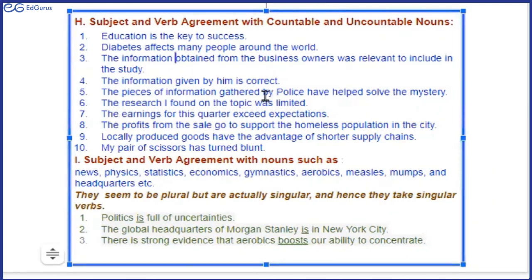Ma'am, business owners. Okay, just a minute. I will make a little addition here. Yes, now you read the sentence again, and now try to identify. Okay, fine. Let us just delete this. Suppose this is not there.